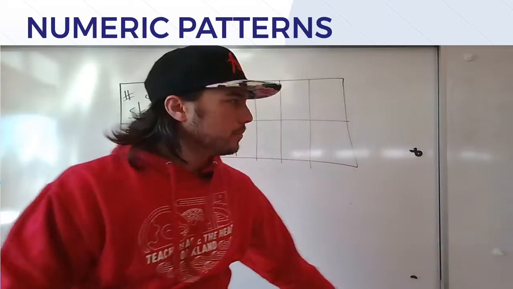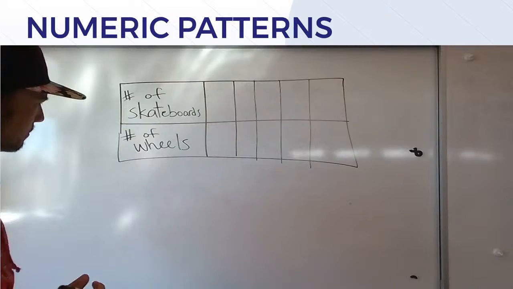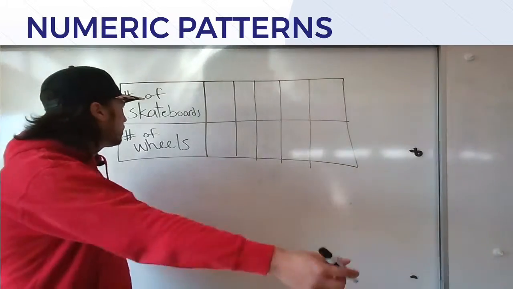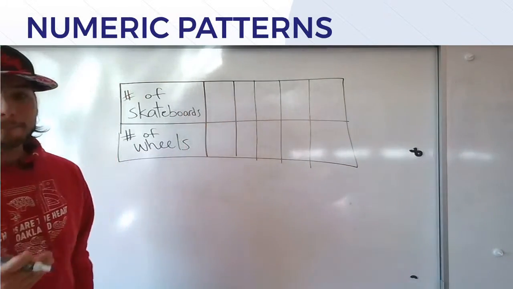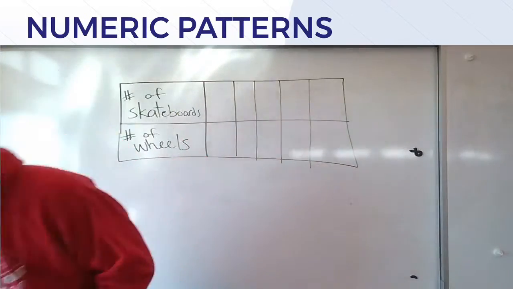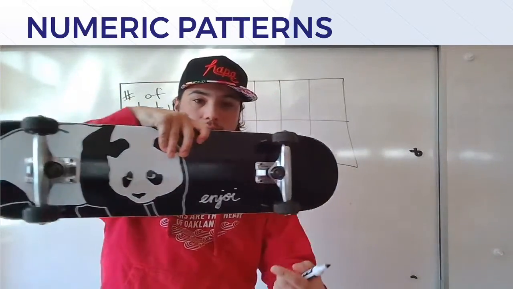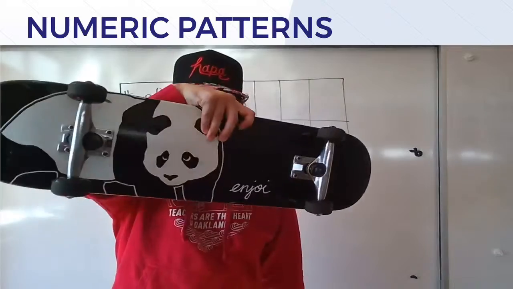So we can use a data table, kind of like the ones we had yesterday. We're thinking about the number of skateboards on the top, and the number of wheels on the bottom. And because it's a pattern, skateboards have how many wheels? 1, 2, 3, 4. Most often.